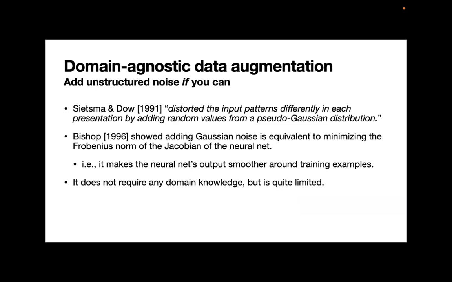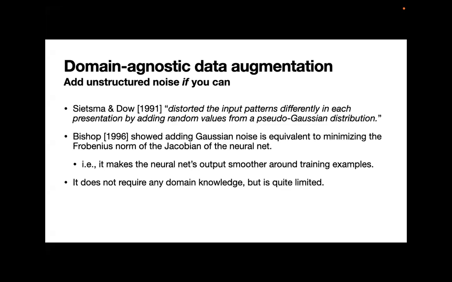If we sample from P of x prime given x, that's actually identical to saying that I'm going to add some noise to x in a way that x prime, after adding noise, stays on the data manifold and is relatively close to the original x. So sometimes we can add some unstructured noise that does not actually depend on x to preserve these properties, so they stay on the manifold, but also make it substantially different.